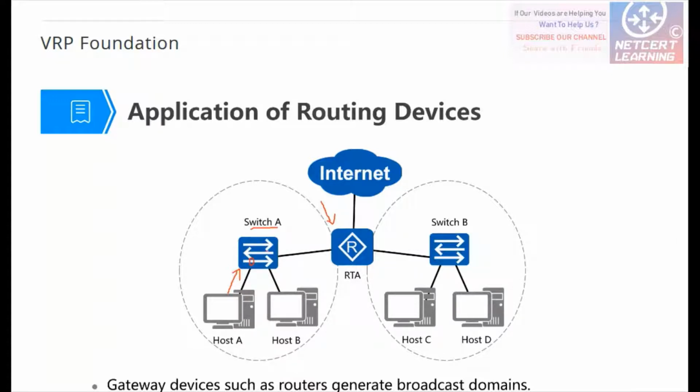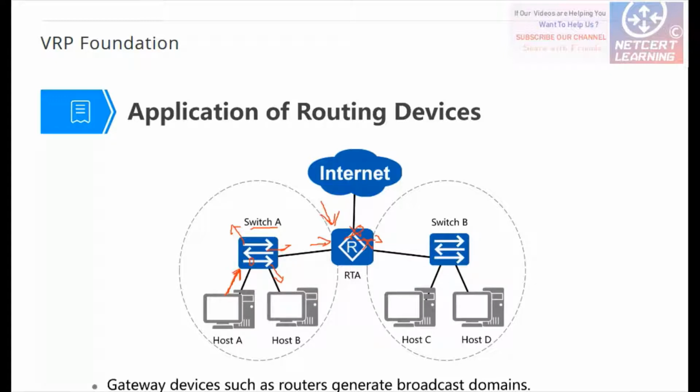The switch will send it out to all other interfaces. That's flooding. So a broadcast on one line can be received by all other devices. So the switch is located in one broadcast domain. But the router is different. The router will accept the broadcast received on one interface, but will not forward it to other interfaces.